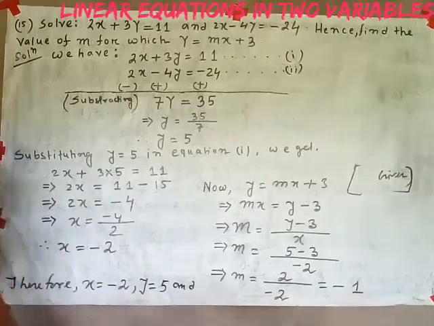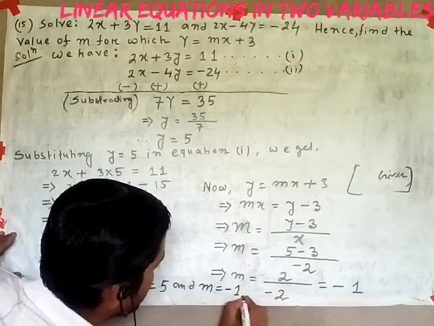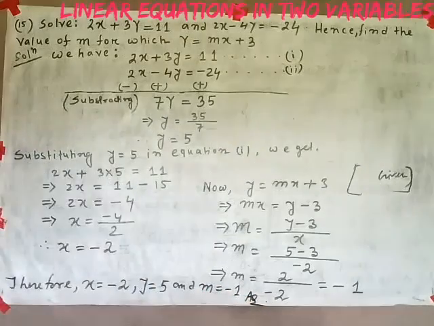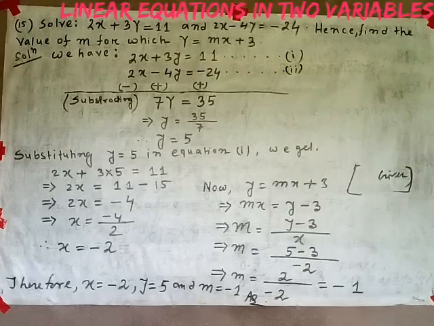And m equal to minus 1. So this is the answer: x equal to minus 2, y equal to 5, m equal to minus 1. So this is the final answer.